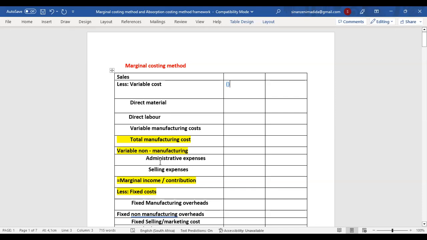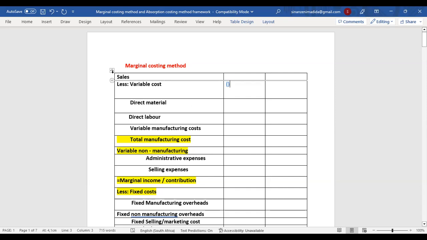If you see that it's administrative expenses, variable non-manufacturing overheads, you must remember that we are putting them under our variable cost, even though they are non-manufacturing. In the marginal income approach, we group all our variable costs. Then we add our total manufacturing cost and our variable non-manufacturing overhead, and the total that we get, we put it here.